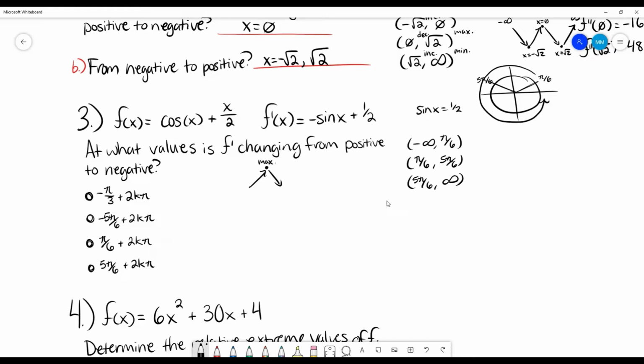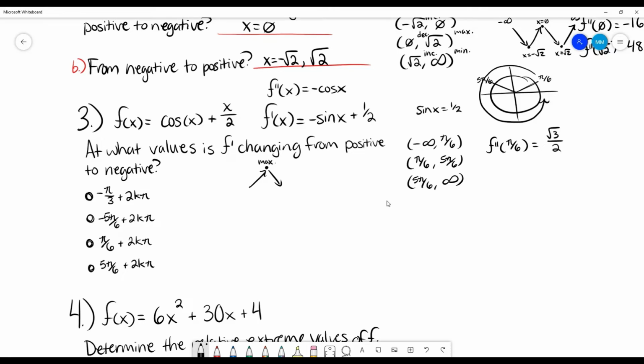And I'm going to use the second derivative test for this, I think. So our second derivative is going to be a negative cosine of x. And this is a constant, so it disappears. So this is our second derivative. If I plug in pi over 6, I know cosine at pi over 6 is square root of 3 over 2.